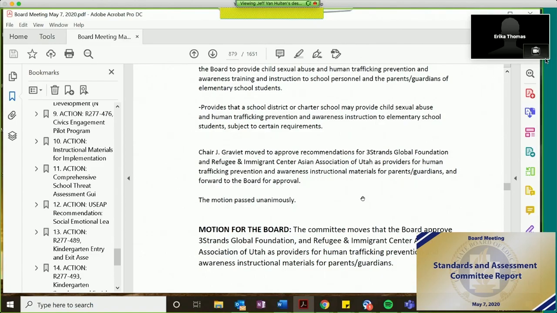There's none. Okay, seeing none, let's vote. Member Bolter, Yes. Member Cannon, Aye. Vice Chair Cummins, Yes. Member Davis, Yes. Member Earl, Yes. Chair Gravitt, Yes.